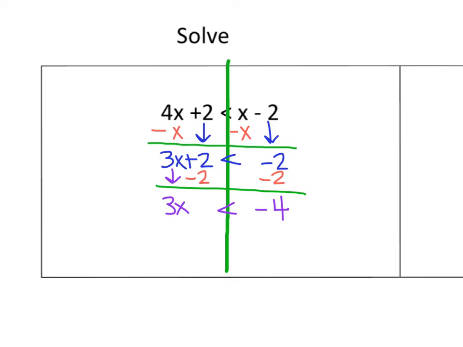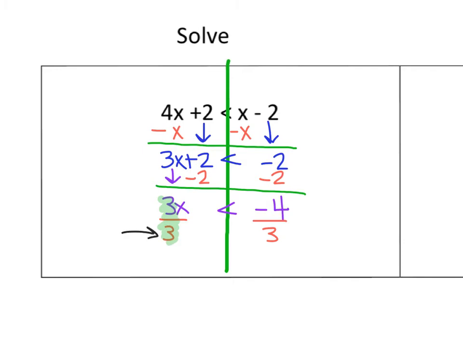Now, here's where I need you to pay close attention. My last step is divide by the number that's in front of x. So the number that's in front of x is positive 3. So I'm dividing by positive 3. Here is where I need to take a look. When I do this last step, if I divide by a positive, then the sign stays the same.